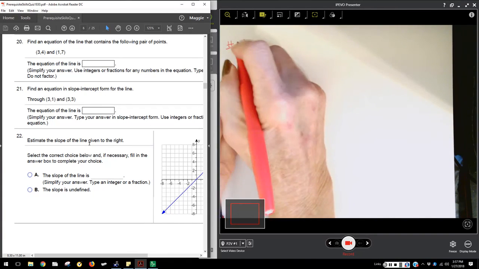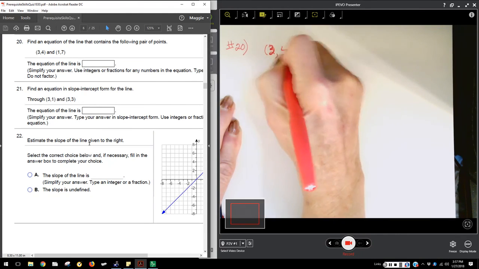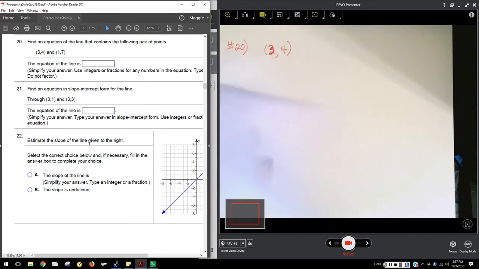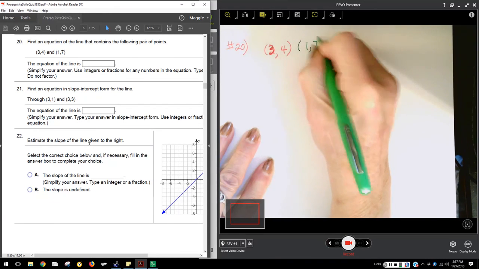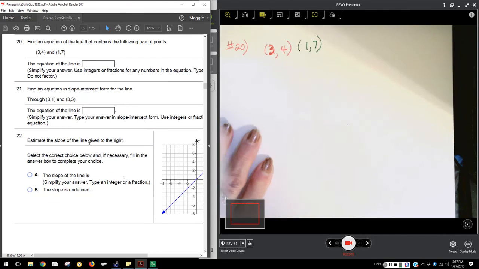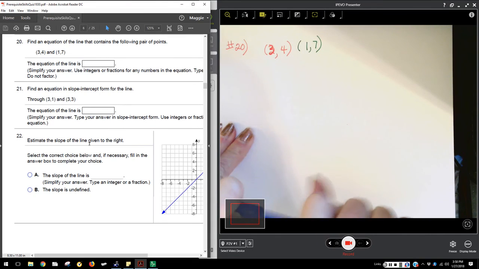So what I'm given is 2 points on the line: (3, 4) and (1, 7). And I need to find the slope because I'm looking for y equals mx plus b.